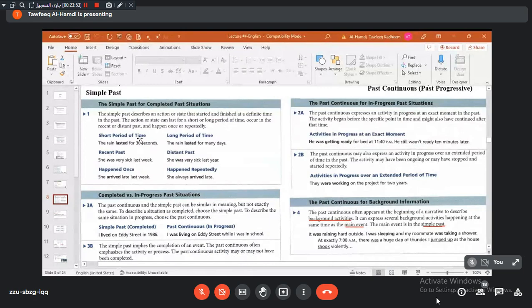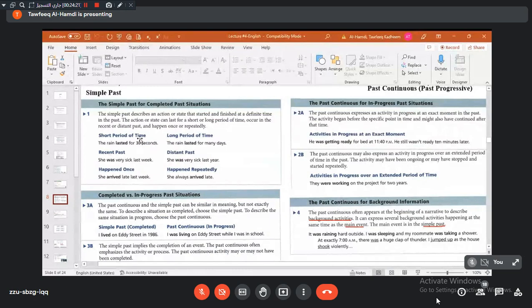An example related to using simple past to show that I'm talking about an action or state that happened in a short period of time in the past. The rain lasted for 30 seconds.